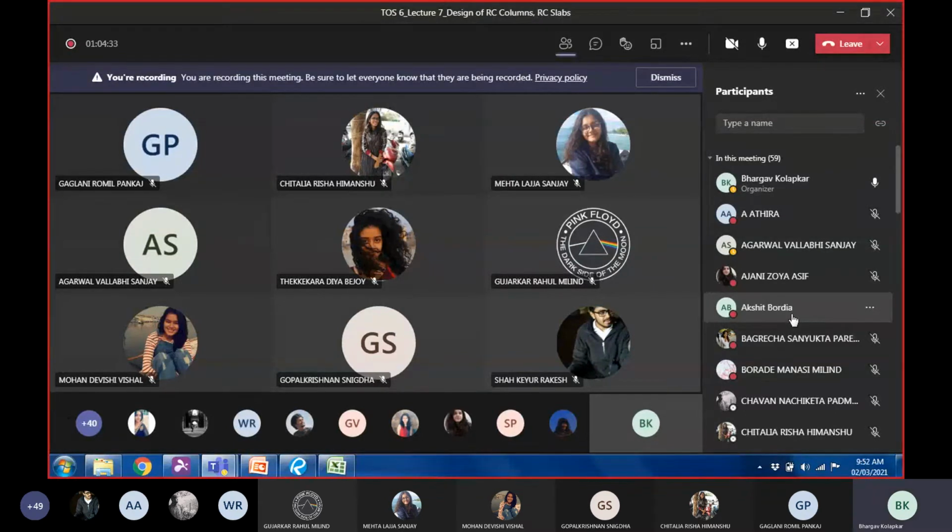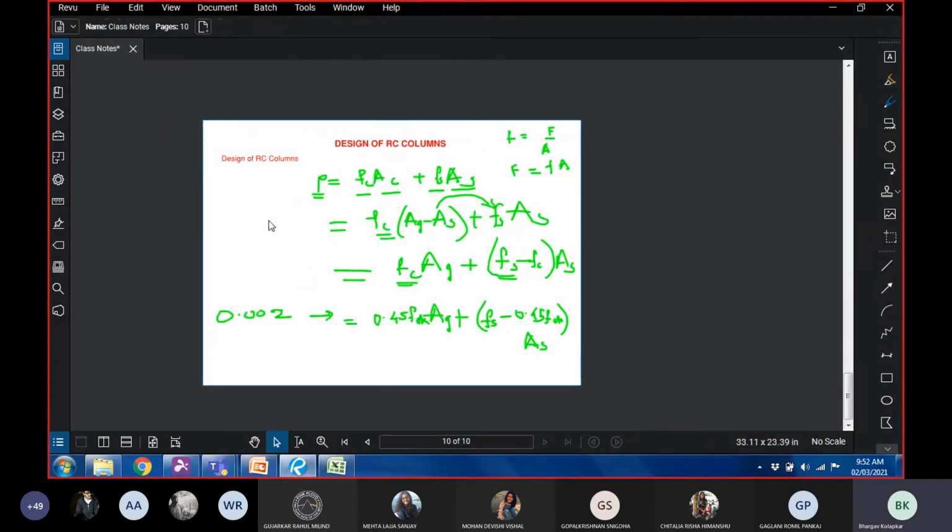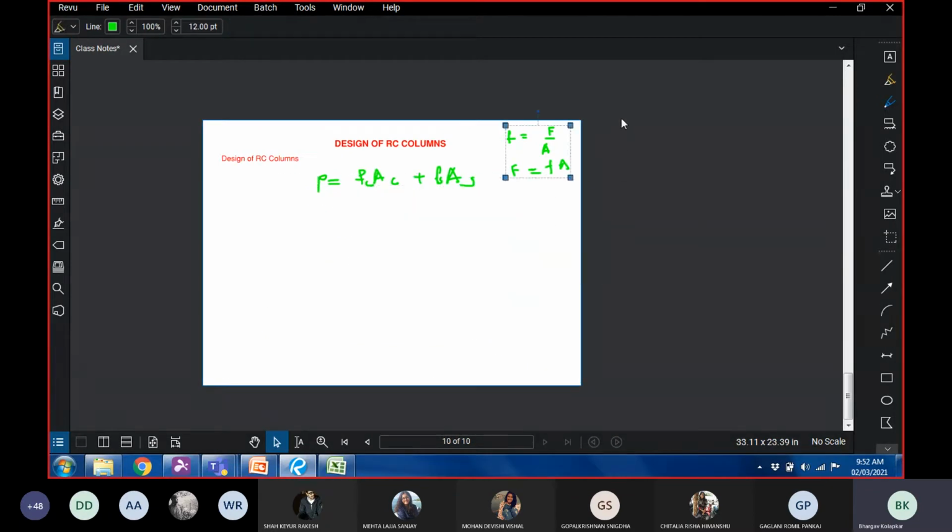Draw a neat sketch to indicate the steel reinforcements. Use M40 concrete and Fe 415 steel.